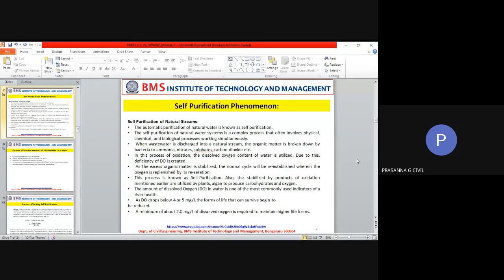Because once your aquatic plants, microplankton, phytoplankton, whatever it is, stop doing the function, no more self-purification. Self-purification is a natural phenomenon, and this natural phenomenon is what we have tried to recreate as treatment processes in our treatment plants. Understood? But that happens in nature very beautifully, unless we meddle with it.